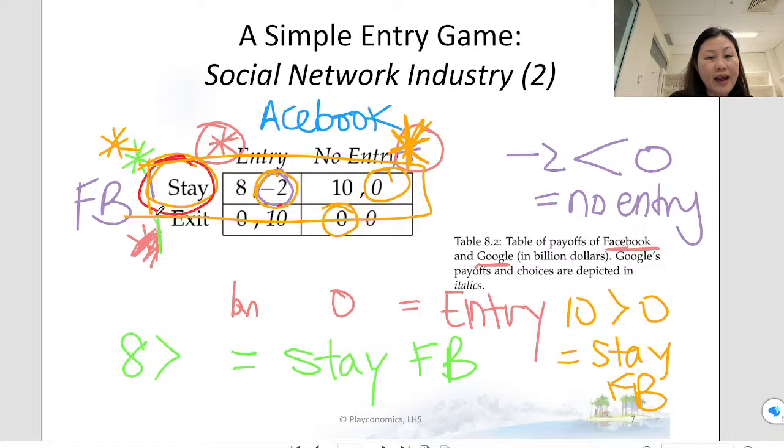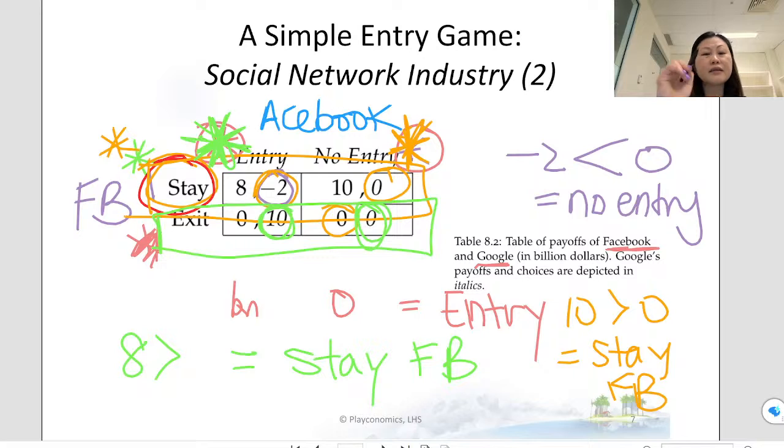If, on the other hand, Facebook exits the market, Facebook entering the market will make them 10 million, and Facebook not entering will make them 0. And therefore, Facebook isn't going to enter the market.